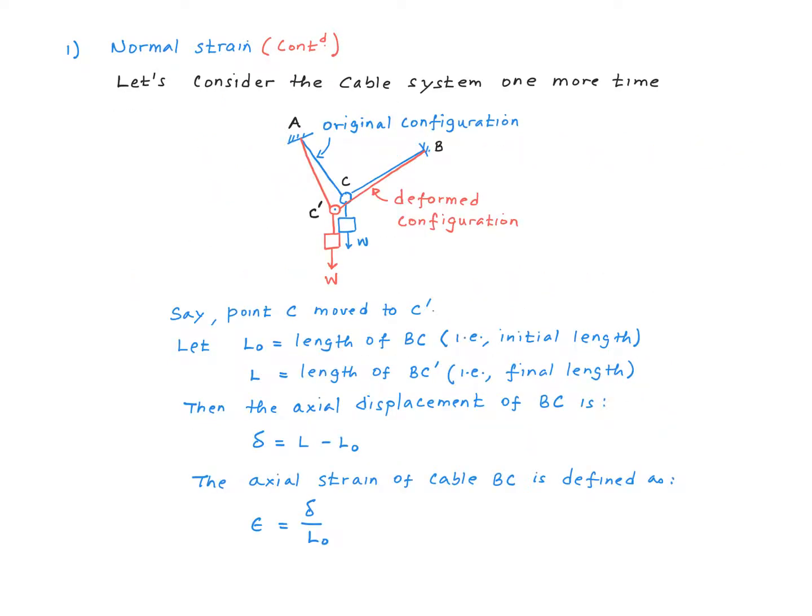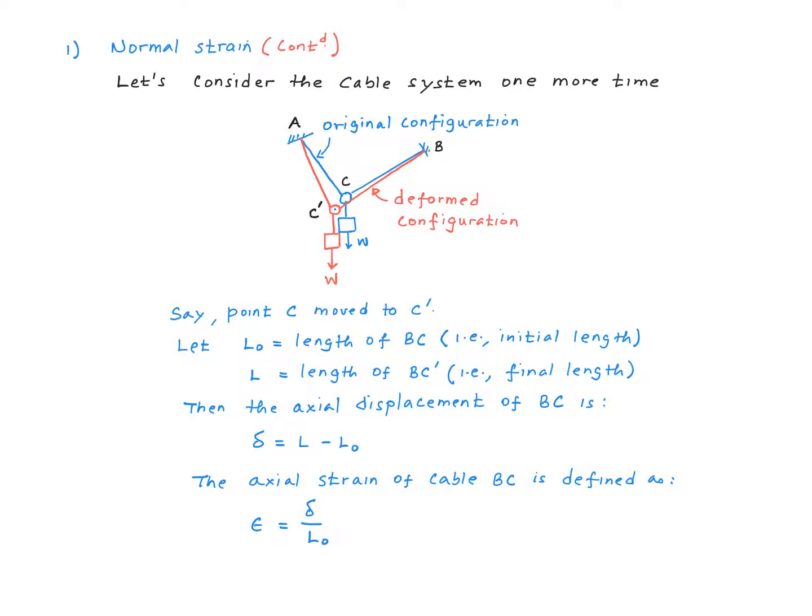Now let's go back to the cable system we considered earlier and see if we can define the strain for one of the cables. Here I'm going to choose cable BC. Say the initial length of cable BC is L naught, so that'll be this length right there, and then the final length is L, that'll be B to C prime.